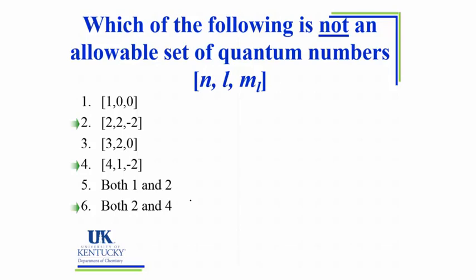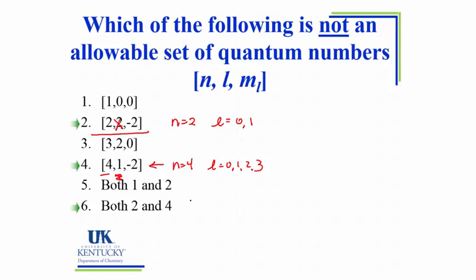Why is that? What is wrong with them? Well, if you look at this one, if N equals 2, then L can only be 0 and 1. So I know this is not an allowable L value. How about this one? If N equals 4, then L can be 0, 1, 2, or 3. So this is okay. We can have a 1 sitting right there.